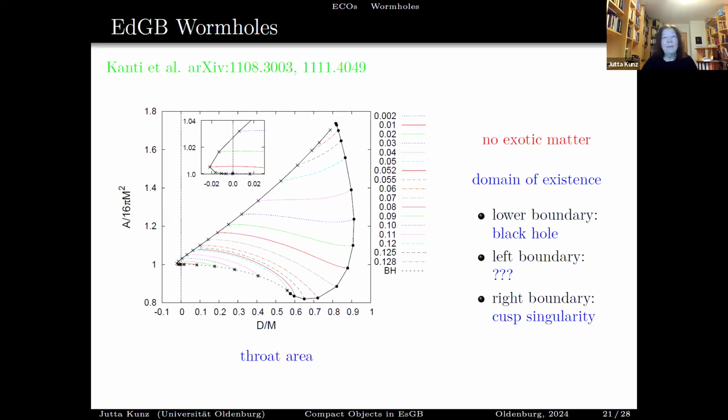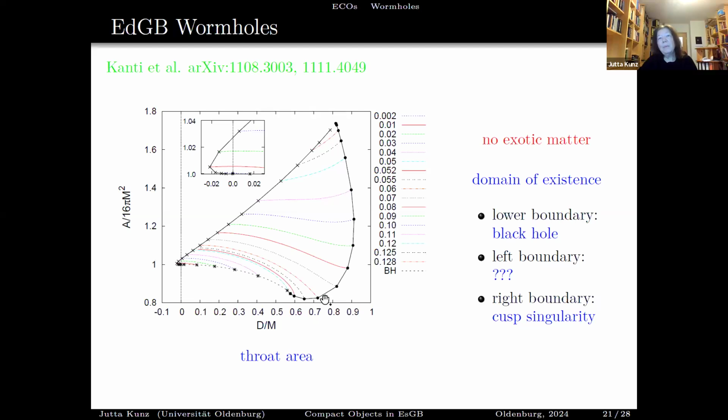And we have then studied for this dilatonic theory the domain of existence. And here you see for the static spherically symmetric wormholes the domain of existence. This is the area of the throat now, and here the scalar charge. And you see in here, this is the domain, and the domain has boundaries again.